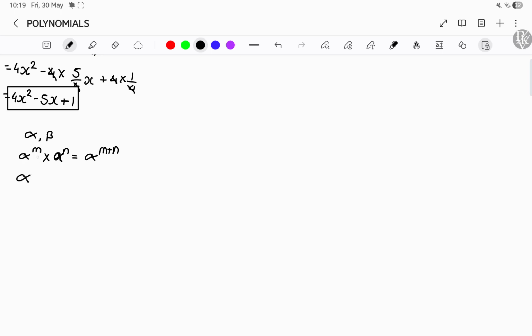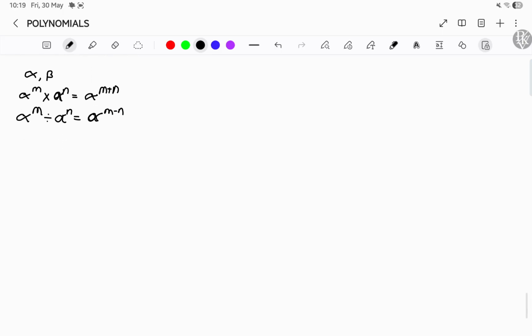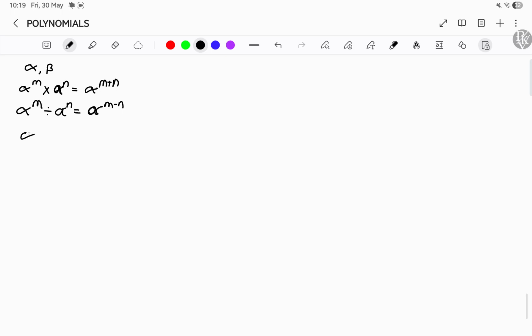Alpha raised to m divided by alpha raised to n would be equal to alpha raised to m minus n. Alpha raised to minus m would be equal to 1 by alpha raised to m.